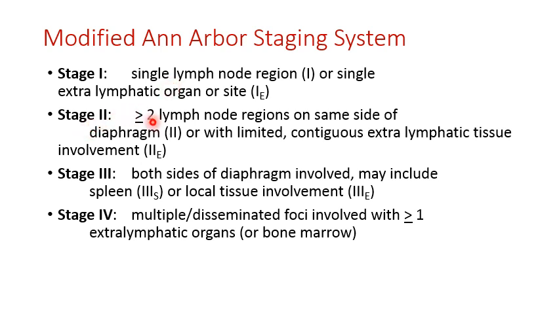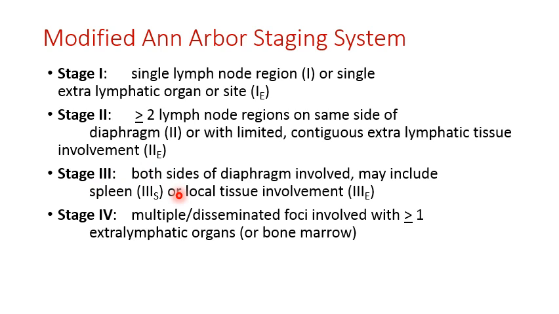Stage 2 is either 2 or more lymph node groups involved on the same side of the diaphragm, right? So in stage 2, the patient will have cervical as well as axillary, one side of the diaphragm. Stage 3 is involvement of both sides.